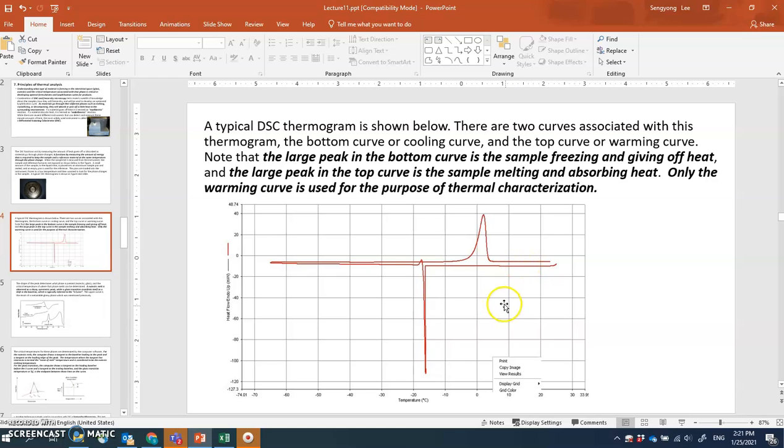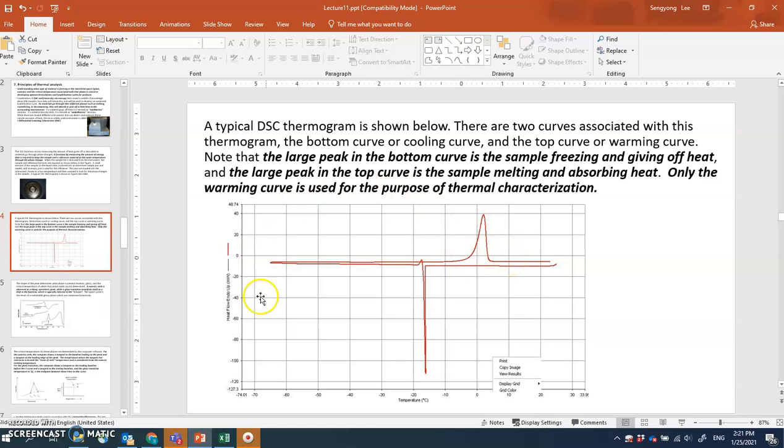So you can see something like this, the peak formations. The large peak at the bottom curve is the sample freezing and giving up heat, from liquid to frozen state, so it gives up the energy, heat. The large peak at the top is when the crystallized sample is being melted, so it requires energy to transit from the crystal to the liquid form, and that's what is shown up.